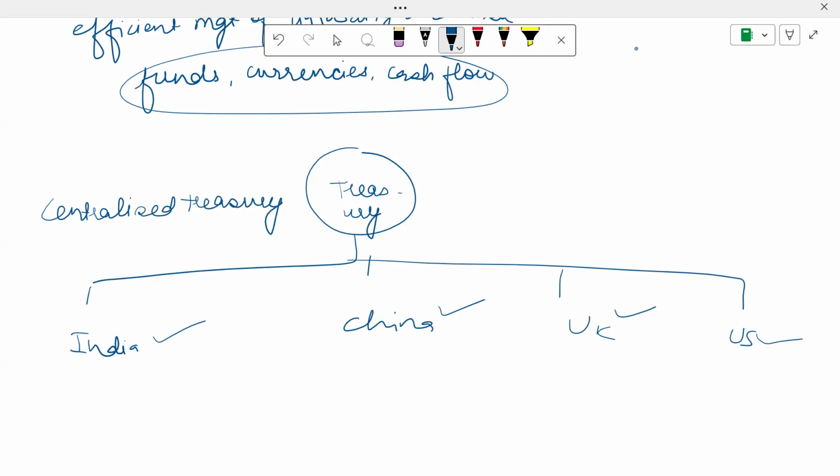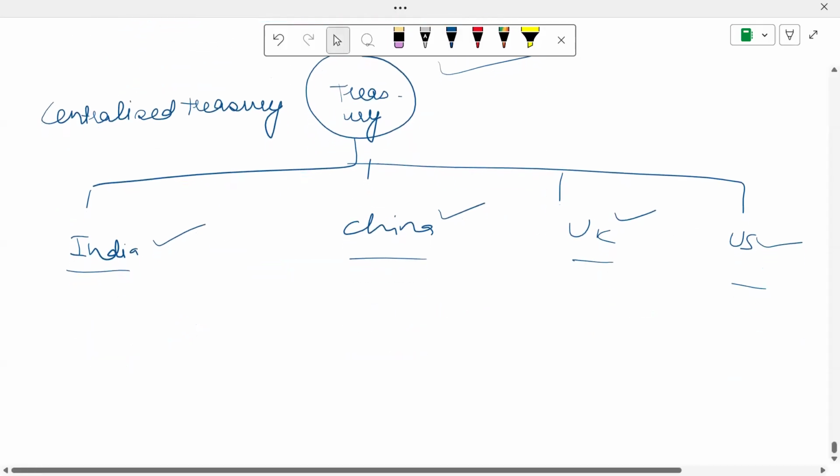There are also options where I give all of these subsidiaries their own treasury departments. That would be called a decentralized treasury management system. But when I'm managing all of these at one place, it will be called a centralized treasury department.